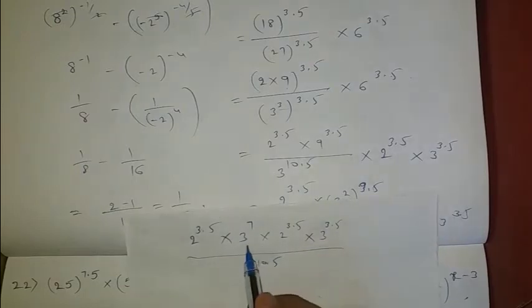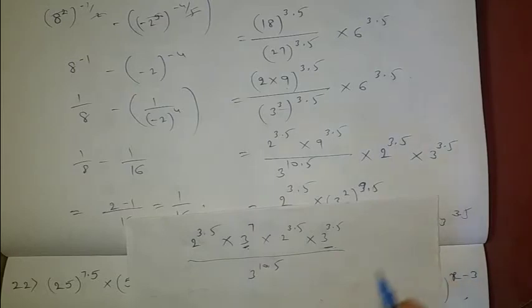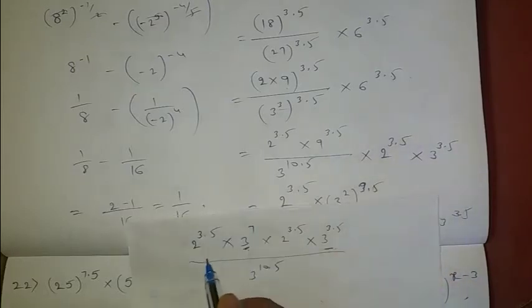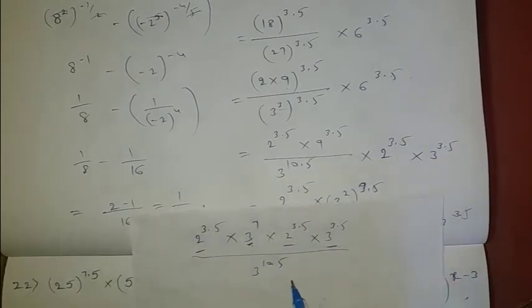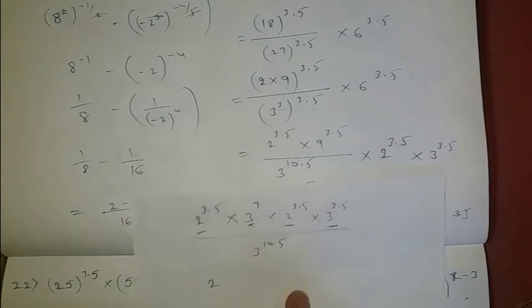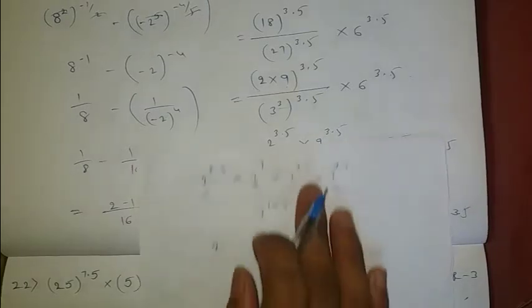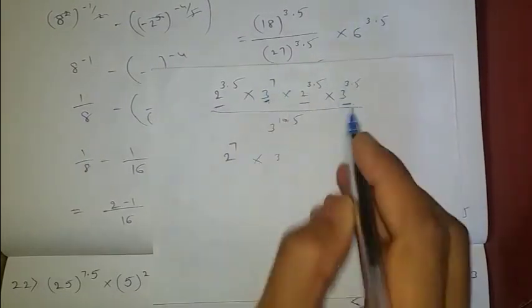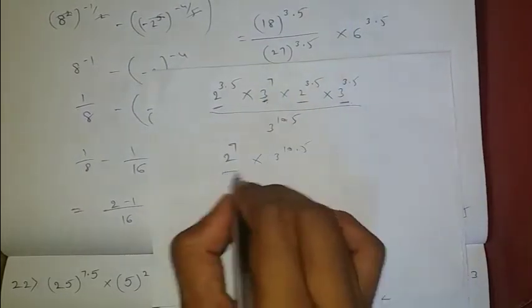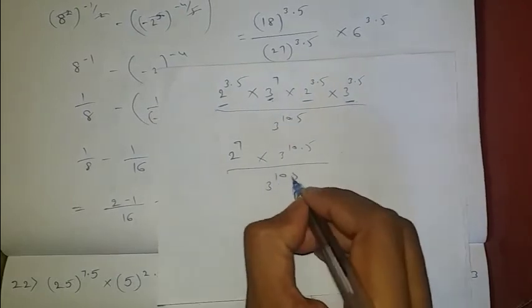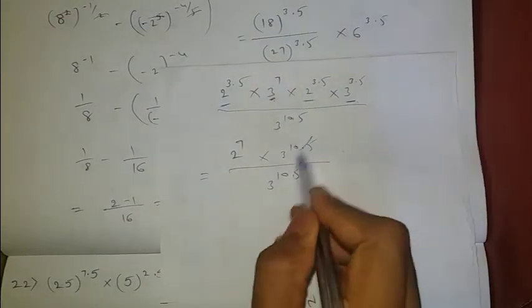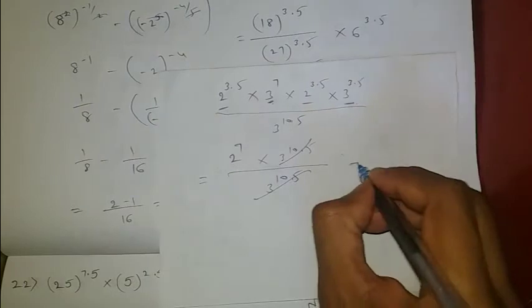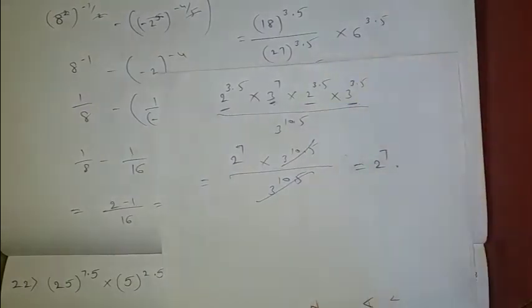Here 3 power 7 and 3 power 3.5, both the bases are same, so powers should be added. Here also both the bases are same, so powers should be added. 2 power 3.5 plus 3.5 is 7, into 3 power 7 plus 3.5 is 10.5, whole divided by 3 power 10.5. 3 power 10.5 and 3 power 10.5 will get cancelled, so we finally remain with 2 power 7.